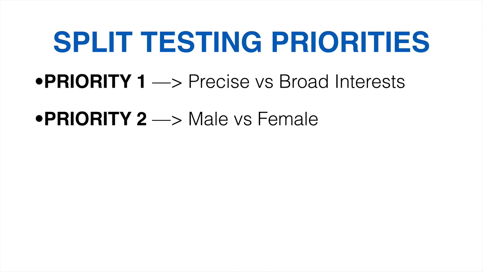You may find in some cases your ad is crushing it to females and your ROI and your profits are very high, whereas men aren't buying it at all and they're losing your money. Well, you don't know that. If you're targeting men and women together in the same ad campaign, you have no freaking clue, right? You have no clue that that's costing you money unless you split it out.